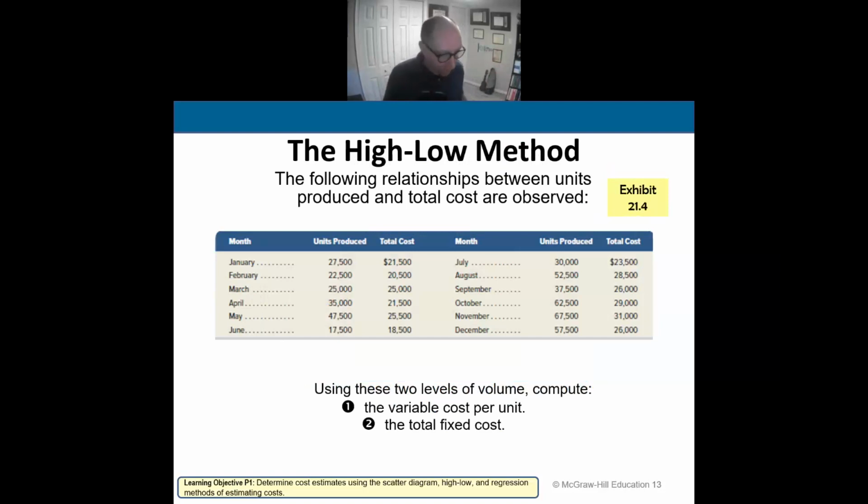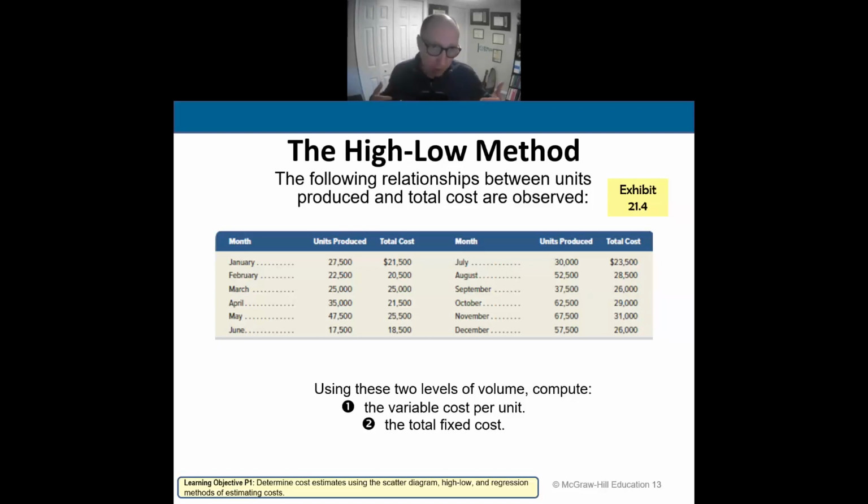This method right here, the high-low method, I personally feel is the most useful when it comes to observing and estimating cost, because I can project using these numbers. To me, this is probably the most important method out of the three for estimating cost, because it helps me predict what is going to be produced in each month, so I can plan for that month in advance.